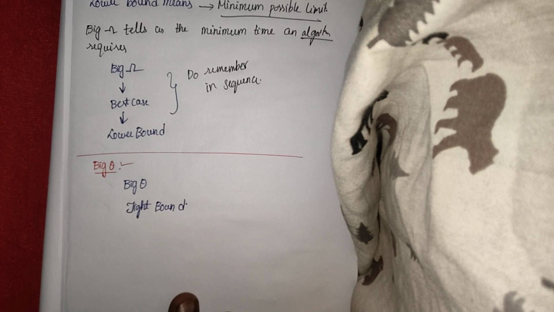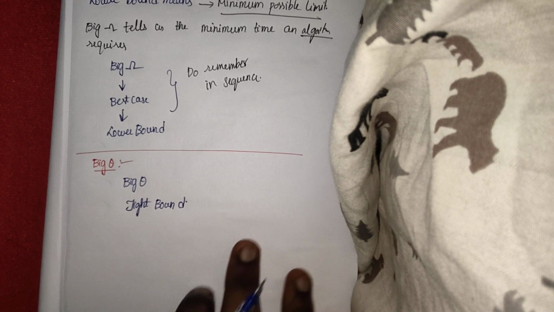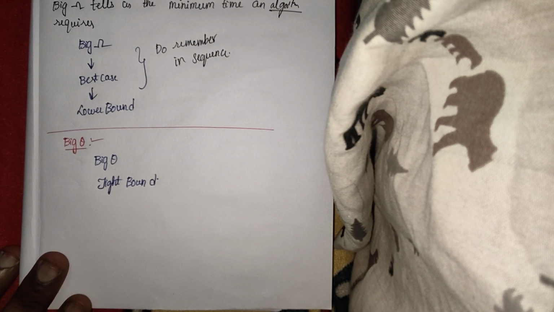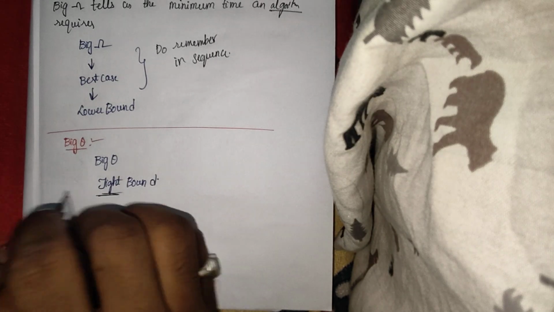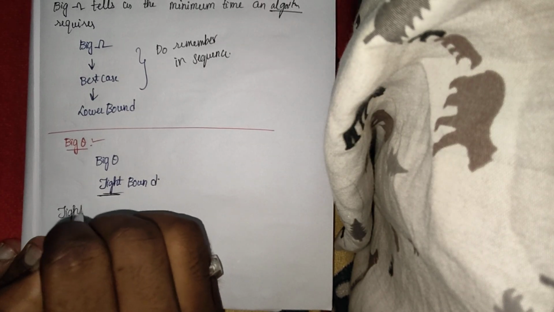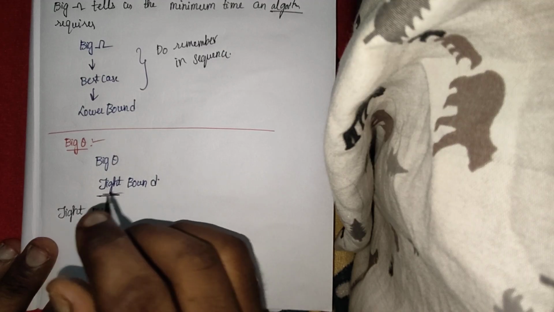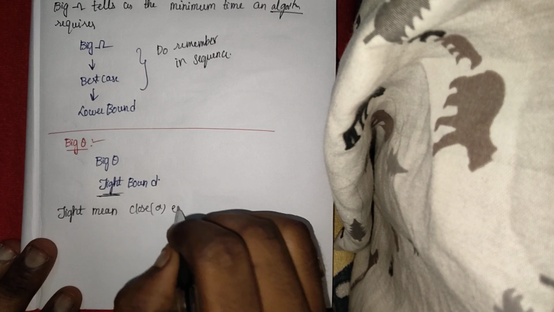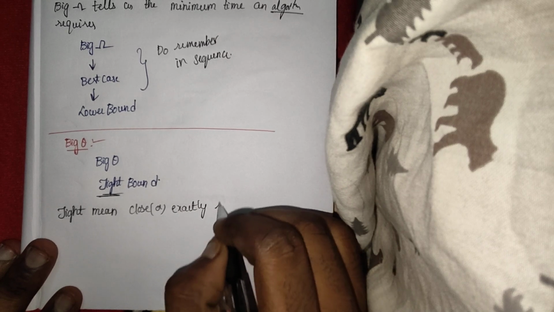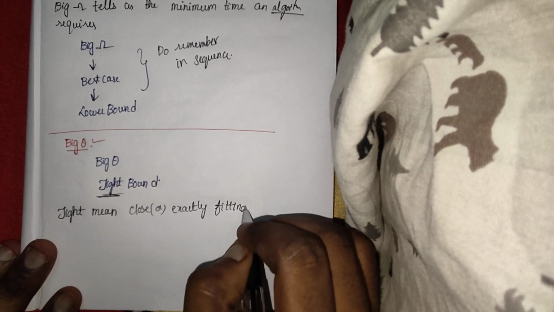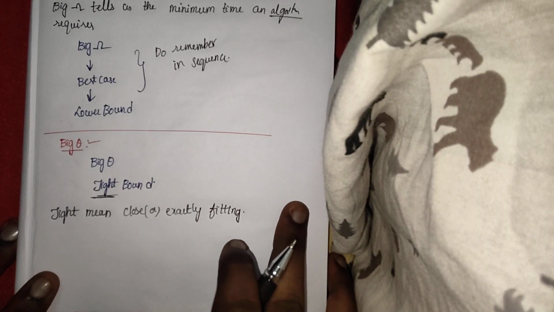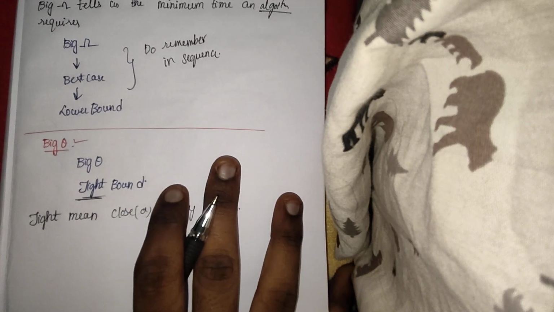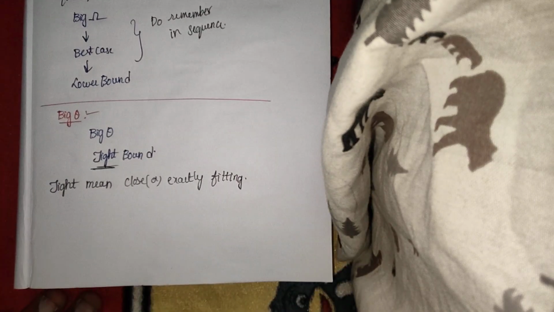Tight means close, or you can say exactly fitting. A tight bound tells us that the algorithm's growth is bounded from both above and below by the same order.